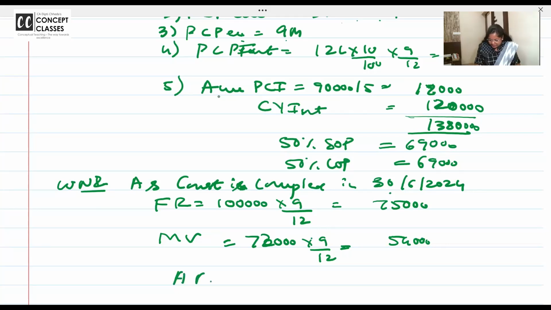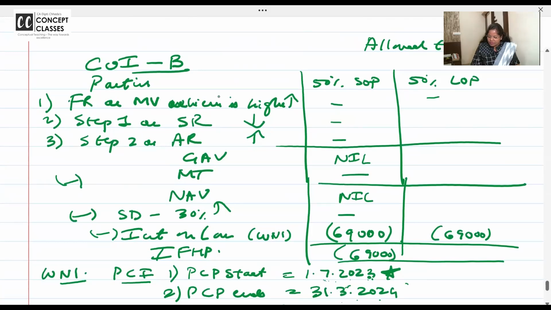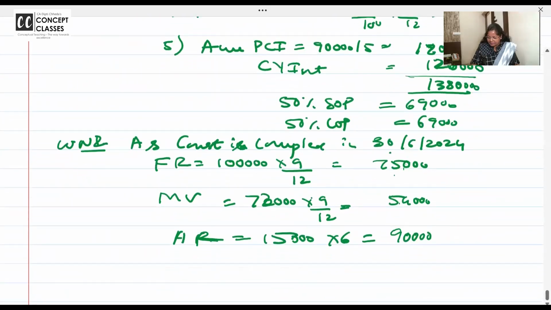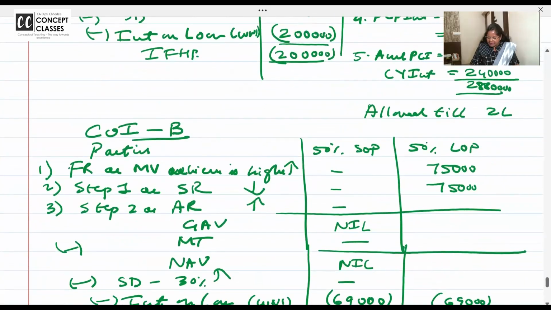Actual rent: all of you should write actual rent also. 15,000 into 6, because for 3 months the property was self-occupied. Fair rent or municipal value, whichever is higher, so 75,000. That or standard rent, whichever is lower, so 75,000. That or actual rent, whichever is higher, so 90,000.